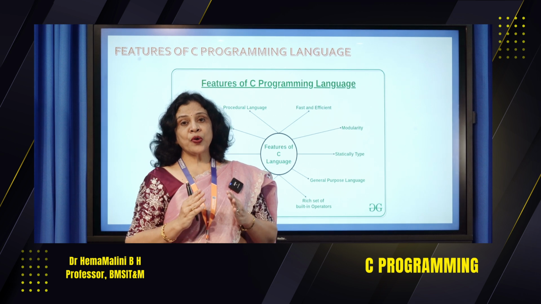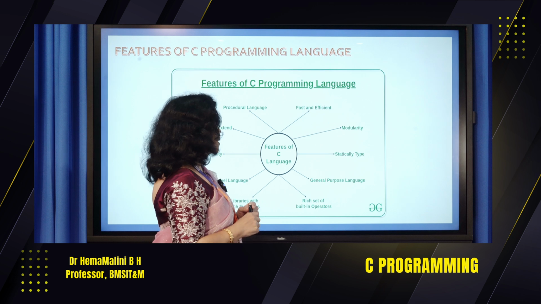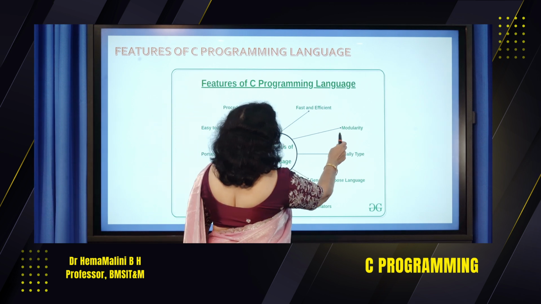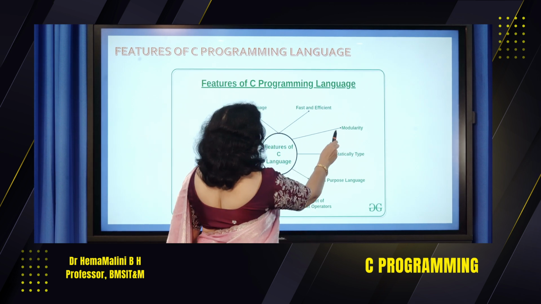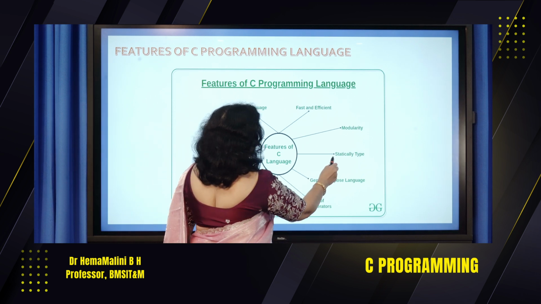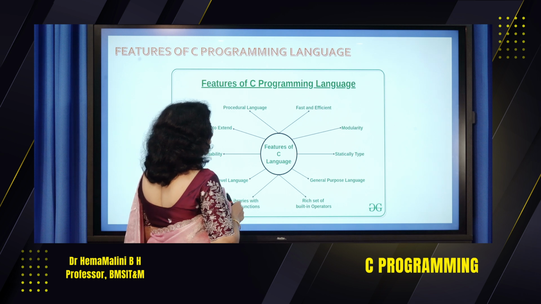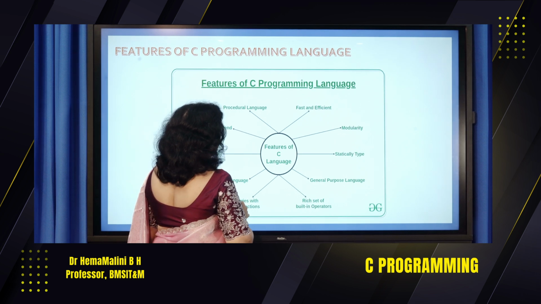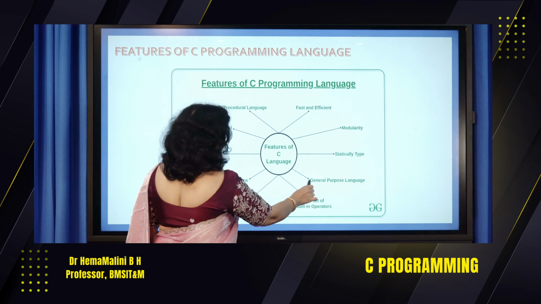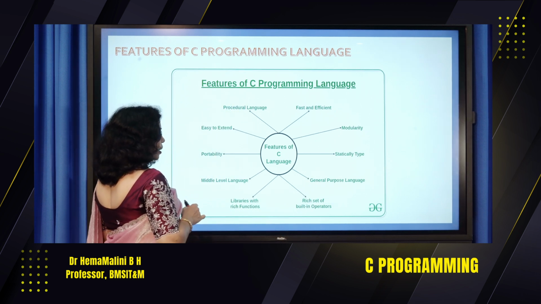The entire program is broken down into tasks, that is sub-programs, and then it is solved. So, it is very popular for its modularity and it is statically typed. That is the data type, it allows C static data type, and it is a general purpose language.